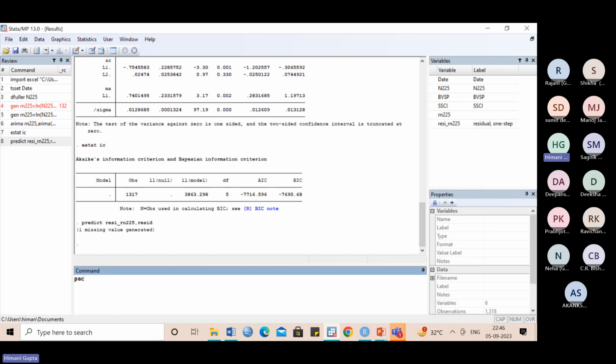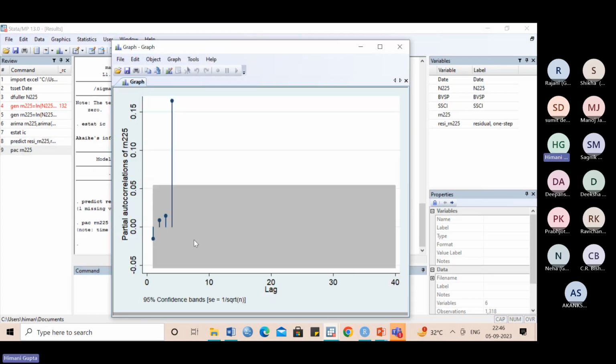We are aware of that, so we can just write Rn225. And this is your creation. I can do it by 1, 2, 3, 4. I can create till 4. Just create different models and check at what point your data will become the best model.